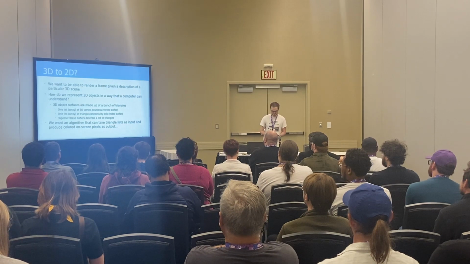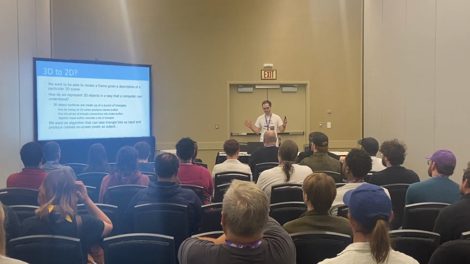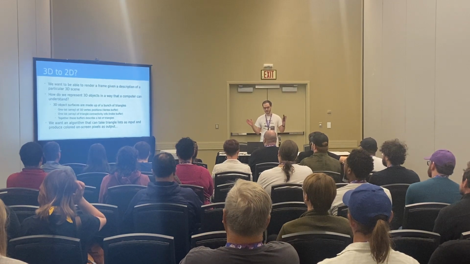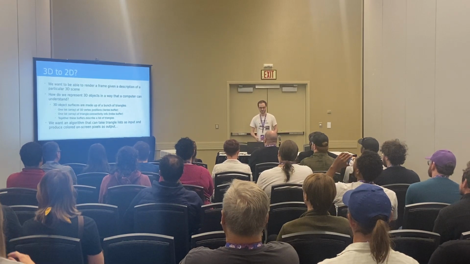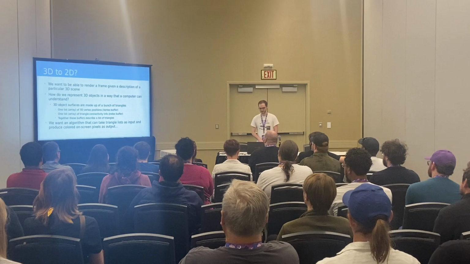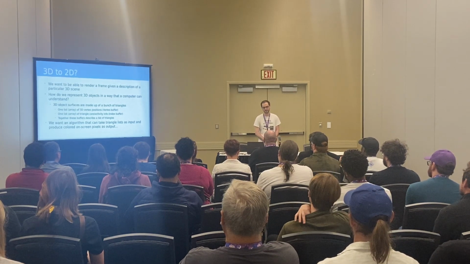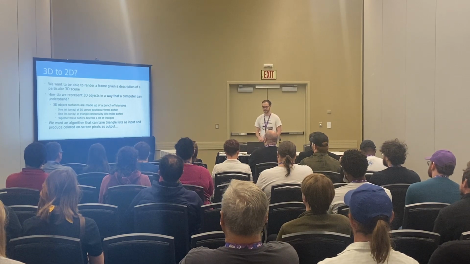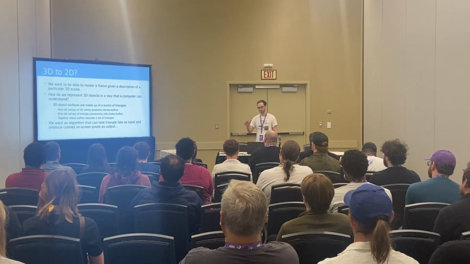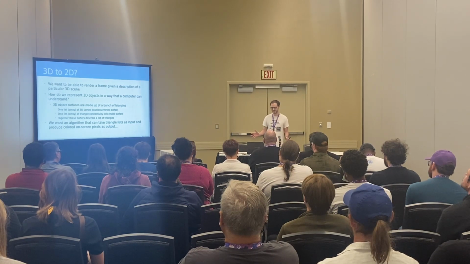But let's talk about the problem of getting 3D into 2D. We have this grid of pixels that we want to fill out with colors, but then we have 3-dimensional information in our application, in our simulation. So first thing we're going to go over is how do we even represent a 3-dimensional object in a way that a computer can understand? The most common representation is that of a triangle mesh, where the surface of the 3D object you're working with is split up into a bunch of little triangles, and that just defines the surface.